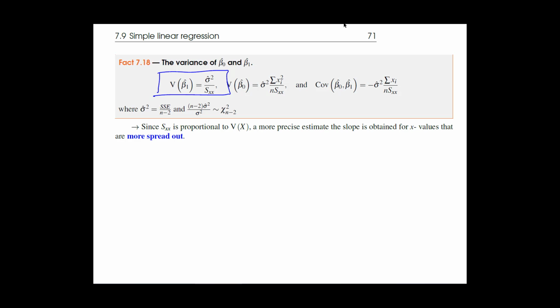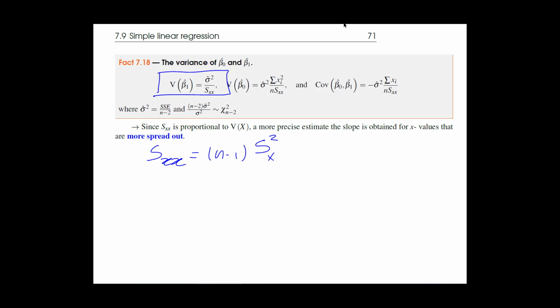Now, if you recall, SXX is related to the sample variance, right? It was n minus 1 times s squared of x. Now, s squared of x is our sample variance we defined in chapter 5 or so. Okay, so it's very related to the variance of x.